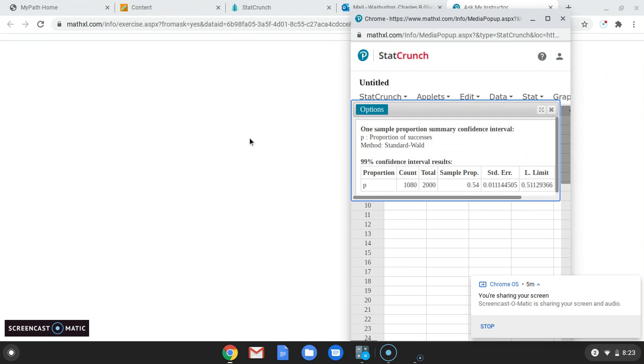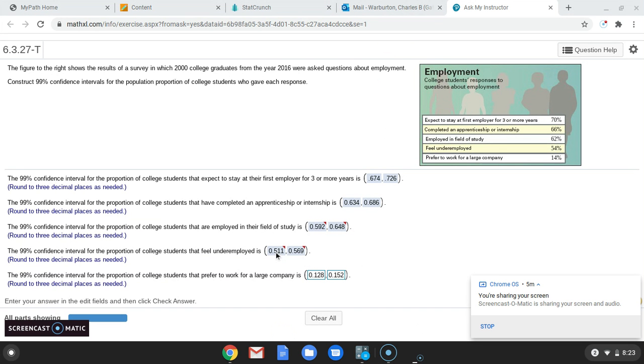Let's make sure that that was correct. Over here. I somehow lost it, but there it is right there. And then there's the upper limit. So hopefully that helps. And we could do that for college students that prefer to work for a larger company. I could do that and just replace the 0.54 with the 0.14 and get the lower and upper limit for that as well.